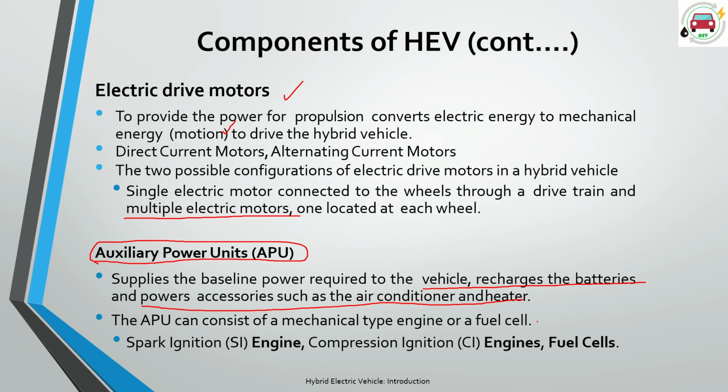So the APU may have a spark ignition engine, that is a petrol engine generally, or a compression ignition engine, a CI engine, that is generally a diesel engine, not specifically, or the alternate power unit can be a fuel cell also.